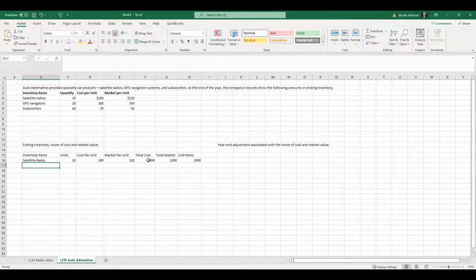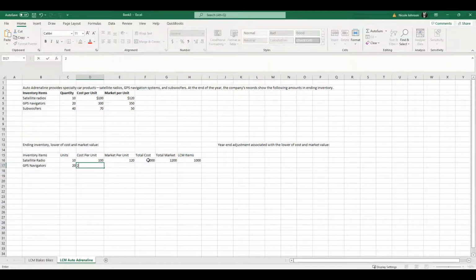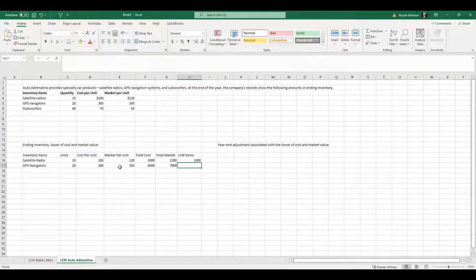Boom. All right, GPS navigators. 20 units. Oops, 300 a piece at the cost, 350 a piece at market. Total cost is the units times the cost per unit. Total market is the units times the market per unit. Which one's lower? Total cost.